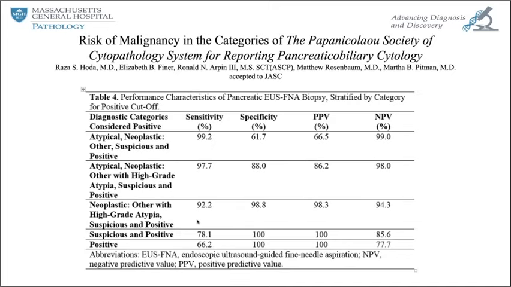So there's a significant difference in these two categories, which is why it's really important that we try to separate them. Obviously, if our cutoff point for true positive goes all the way down to atypical, we improve our sensitivity at the cost of specificity.